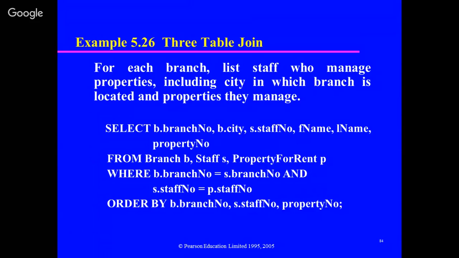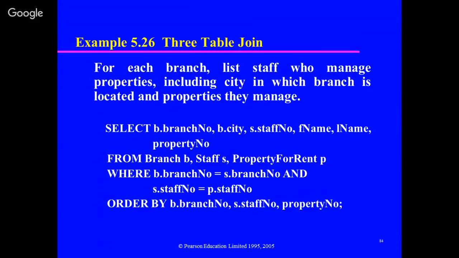In the previous example, in my from clause, I had 2 tables, the client and the viewing. So I had 1 join condition. In this example, there are 3 tables: branch, staff, and property, which means that I need 3 minus 1 equals 2 join conditions.